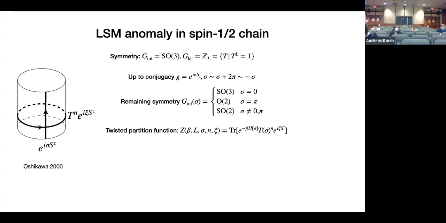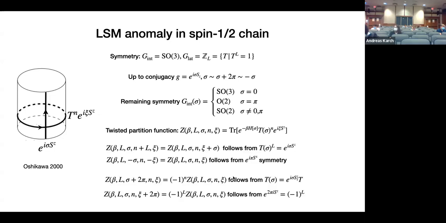T of sigma is the translation in the presence of the sigma defect. And we can also put e to the i psi Sz in the time direction. And we can check various relations that this partition function satisfies as a function of sigma, n and psi.